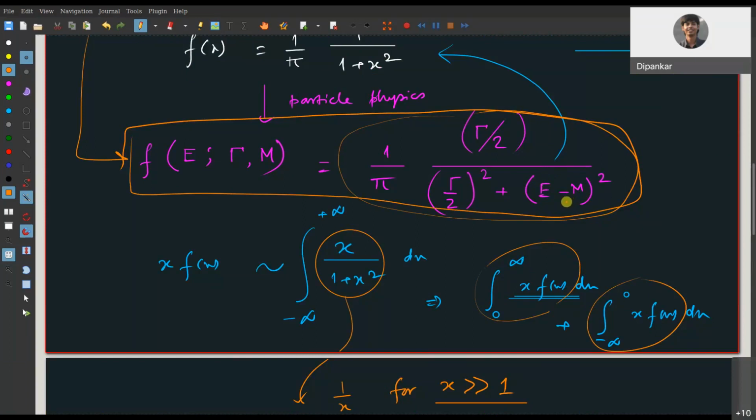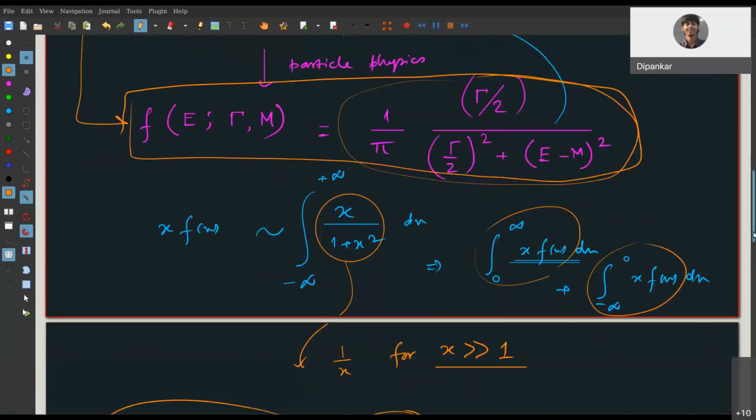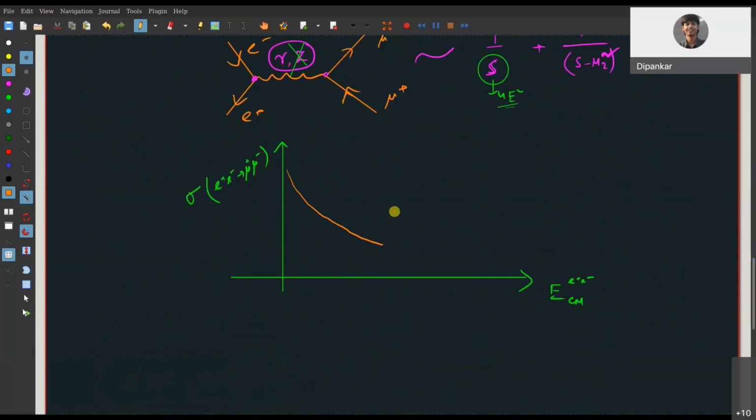So if there were no Z boson, it should fall like this, and go on like this as you increase energy. But if there is a Z boson, then at some point it takes a peak, and then it goes like this. So this is basically a peak due to the Z boson.